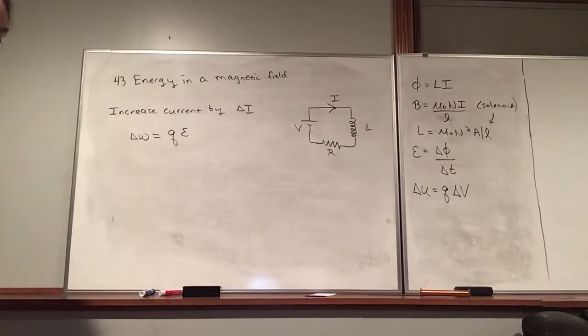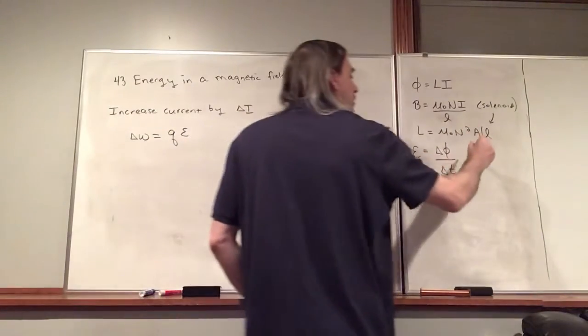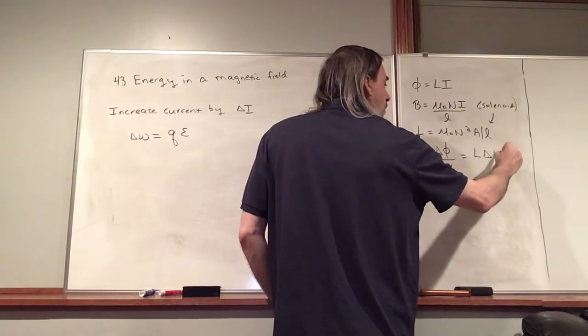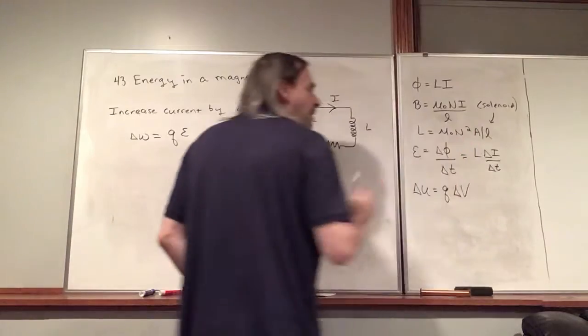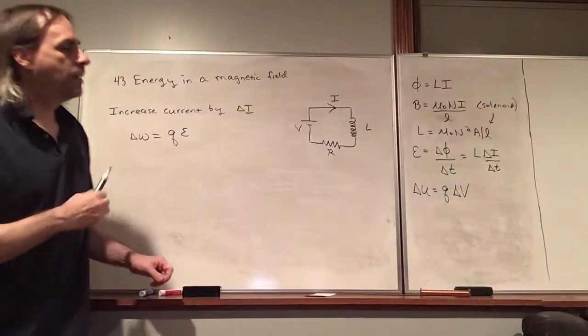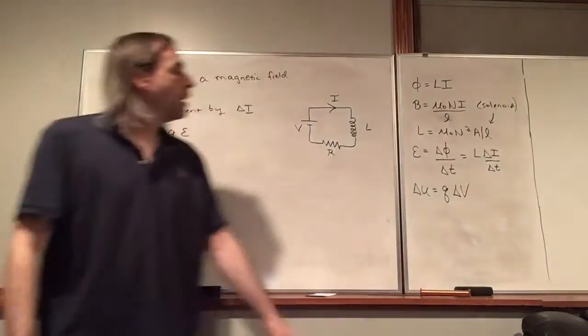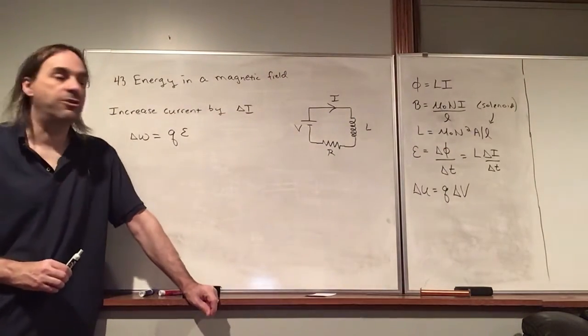Okay, so we can combine these two equations. I know this is on the equation sheet, but just by plugging the flux in here, the EMF depends on how rapidly you're trying to change the current.